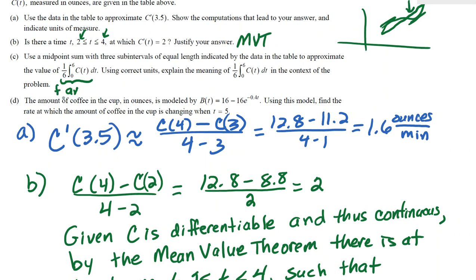If you take the area from 0 to 6 and you divide it by 6, do you see that you're finding the average height? So if we find the average value of function C, that's the average amount of coffee. So that's what they're asking us to explain in the second part of the problem, explain the meaning.